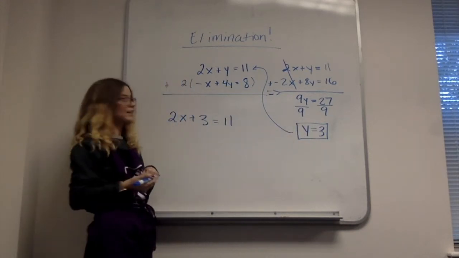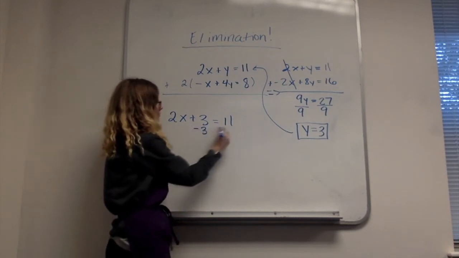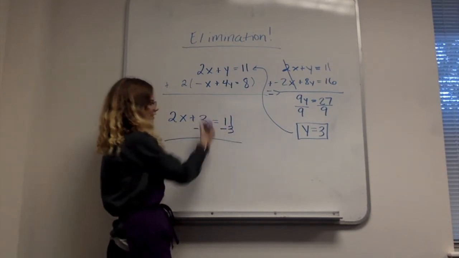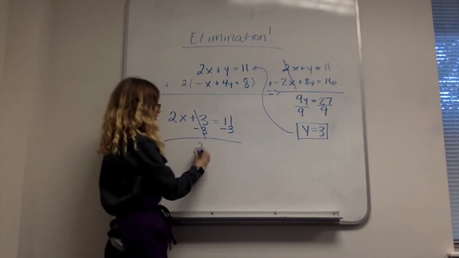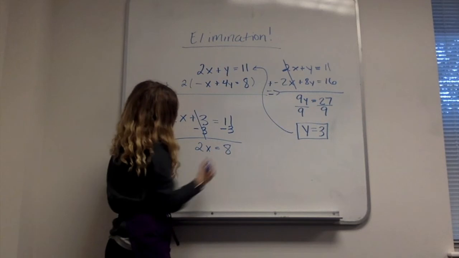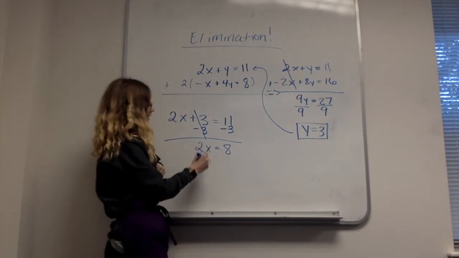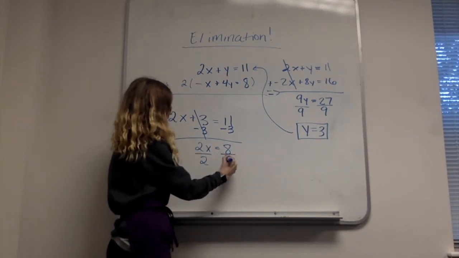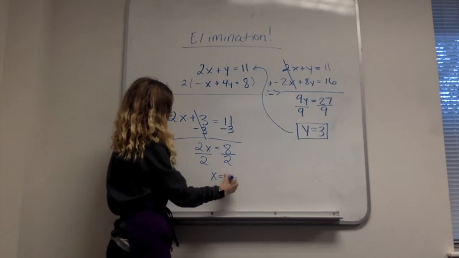And then we can solve for x. So I'm going to subtract my 3 over. 3 minus 3 is 0. And then I have 2x equals 8. And then I'm going to divide. So x equals 4.